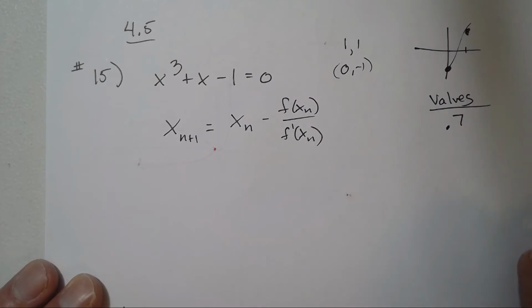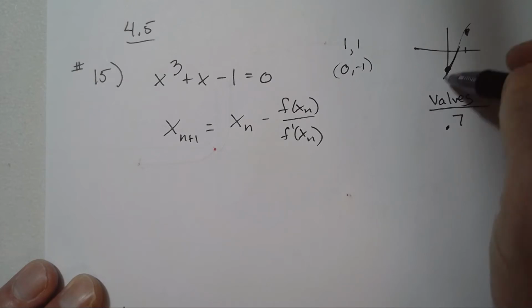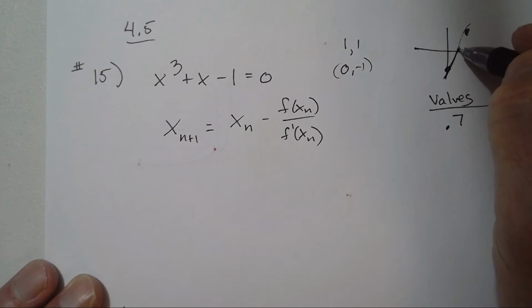Alright, so if this crosses there, we're going to pick 0.7, find a linearization, and then use that new x value to create another linearization, and then use that x value to make another one until it converges to 1 point.